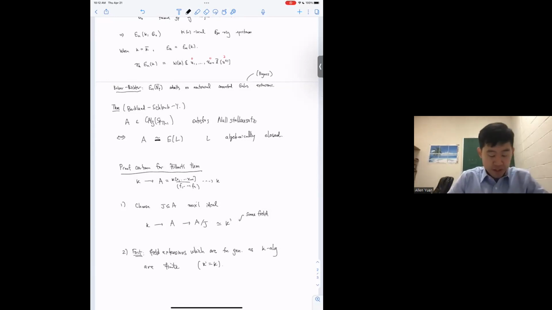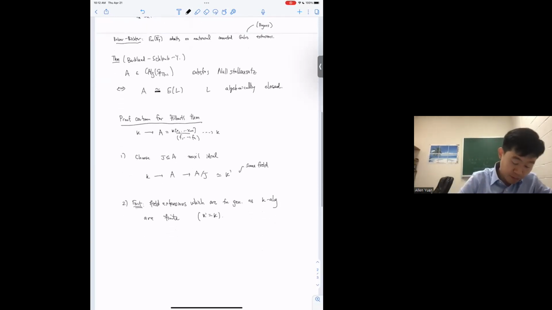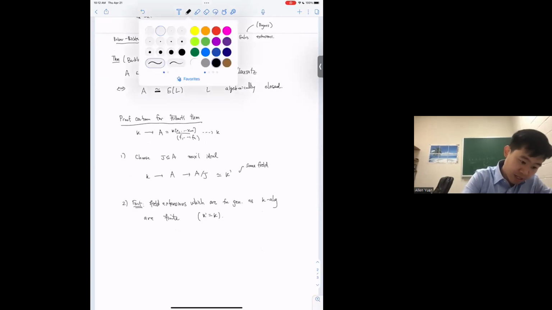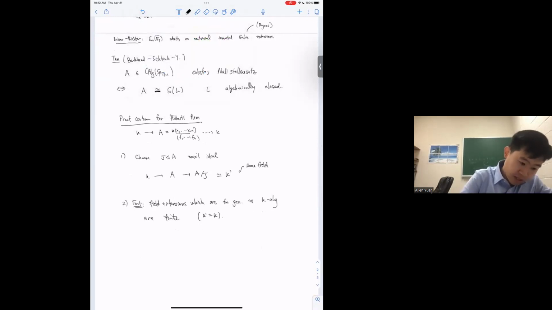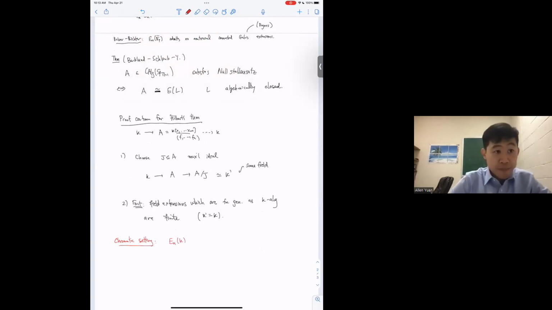So you can try to run this strategy in the chromatic setting as well. So in the chromatic setting, the analog of that algebraically closed field K we're claiming is something like E_n of K. And we still have some algebra which is compact, so it has some finiteness condition.